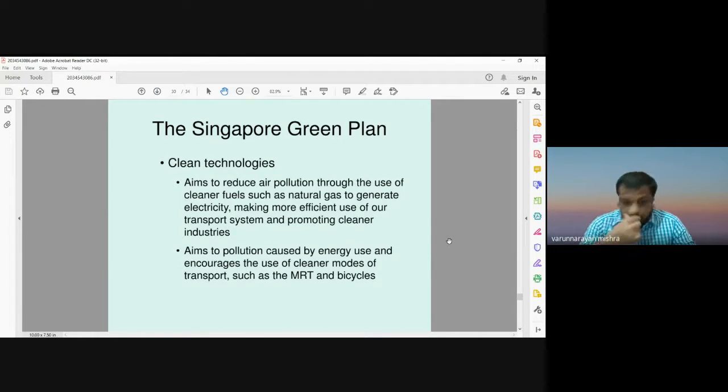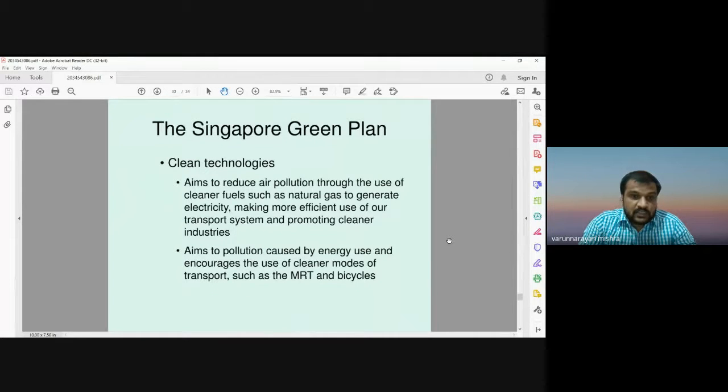Clean technologies. Clean technologies aim to reduce air pollution through the use of cleaner fuels such as natural gas that can be used to generate electricity, making more efficient use of our transport system and promoting cleaner industries.